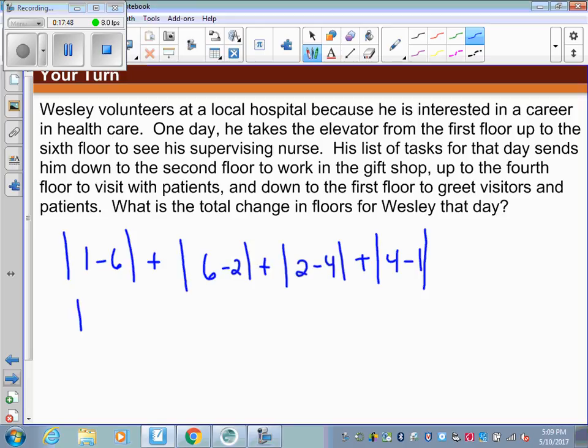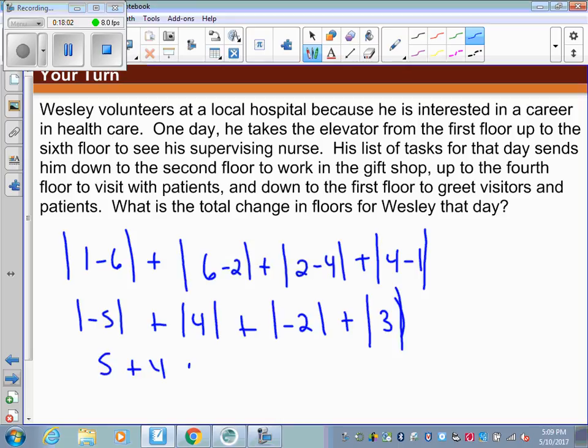So the absolute value here, -5, plus the absolute value of 4, plus the absolute value of -2, plus the absolute value of 3. So 5 plus 4 plus 2 plus 3: 9, 11, 14 floors. He was up and down 14 floors. Okay, back and forth.